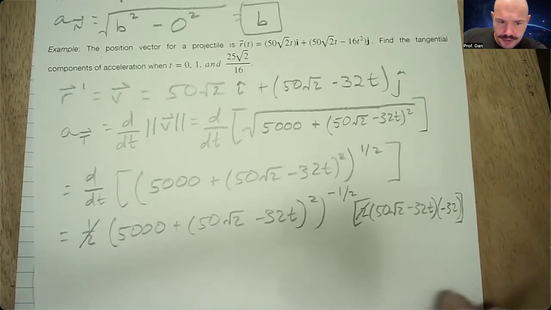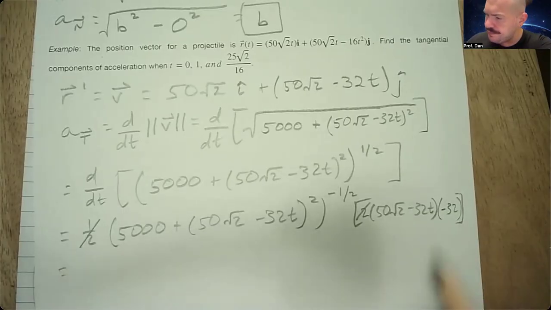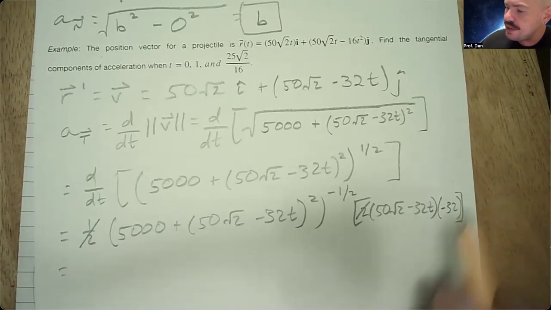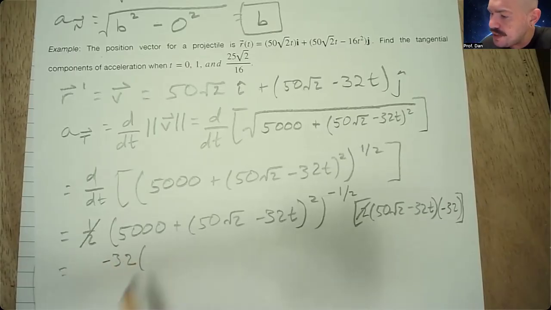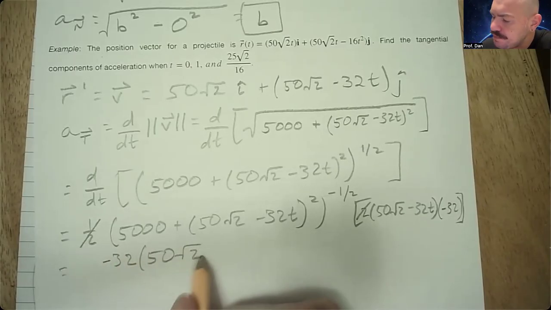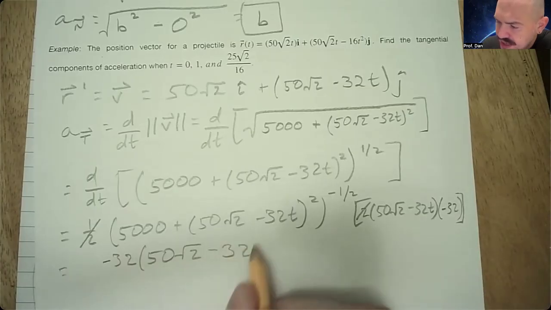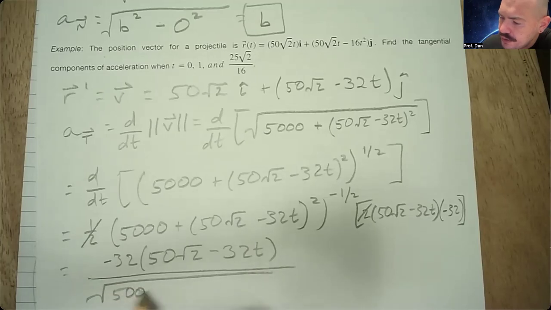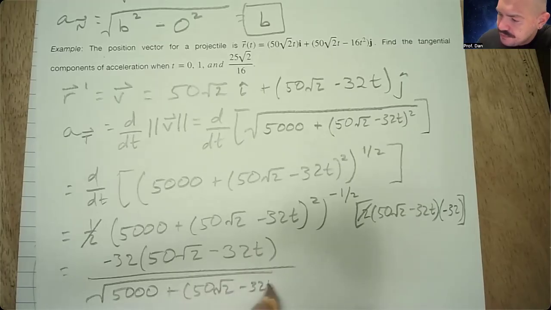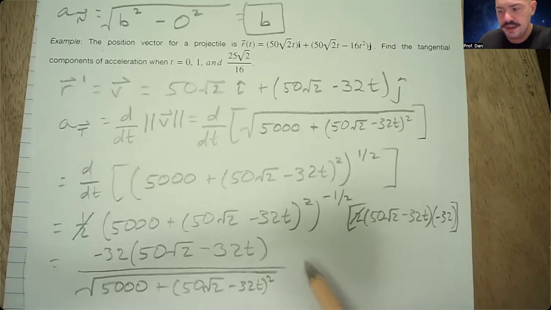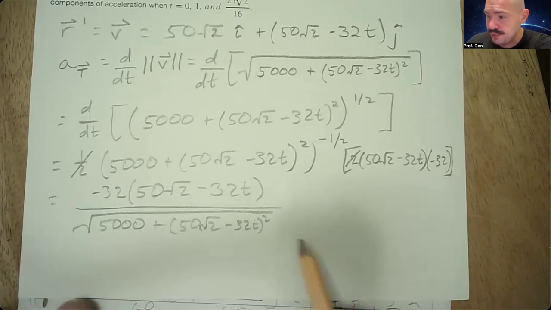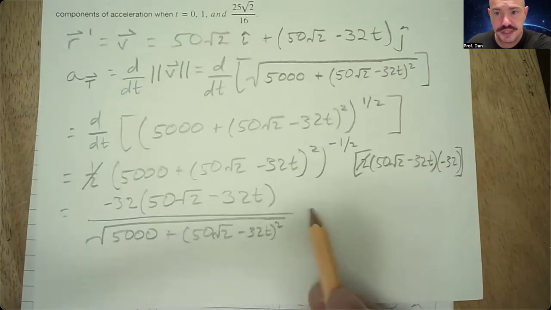So we end up with negative 32 times 50 square root 2 minus 32t, all over the square root of 5000 plus (50 root 2 minus 32t) squared. Now this gives me my tangential acceleration for any value of t. At this point, it's okay for me to just plug in different values of t.